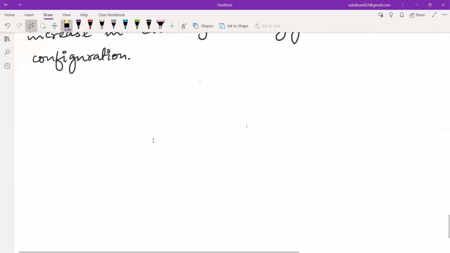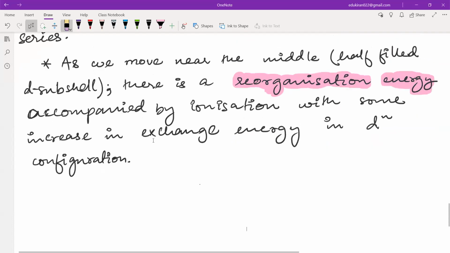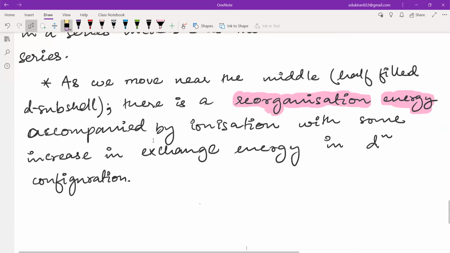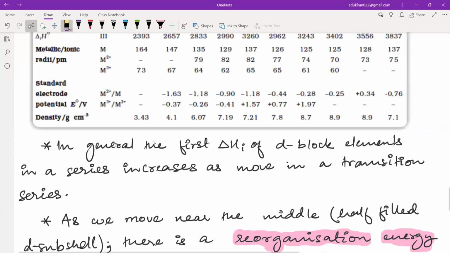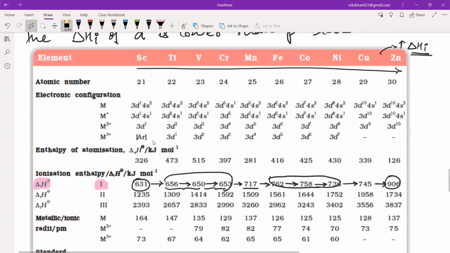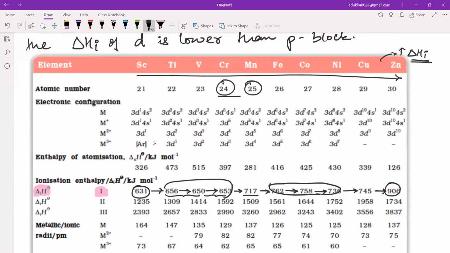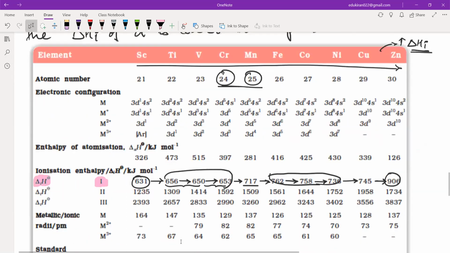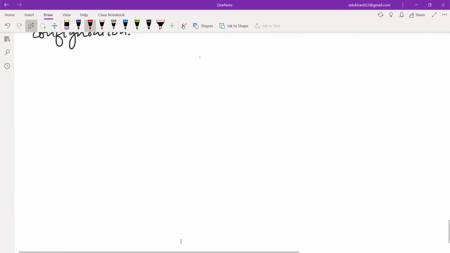Now, one question that they ask from here is for copper. If I see copper and manganese, there is a huge difference, right? This copper one is very, very small. It is even smaller than that of titanium. So why is that? You can write that as a question.